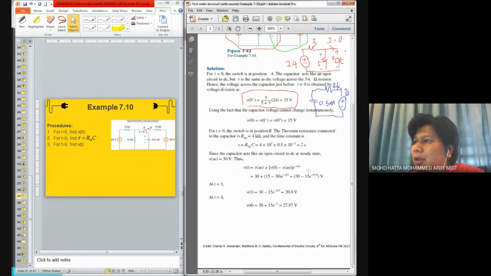Something is missing here; it should say that to find RTH, we consider this kind of circuit arrangement. We remove the capacitor and try to find RTH over here.